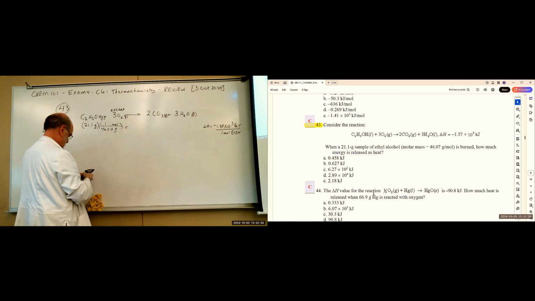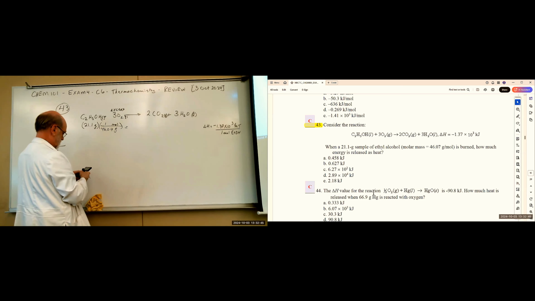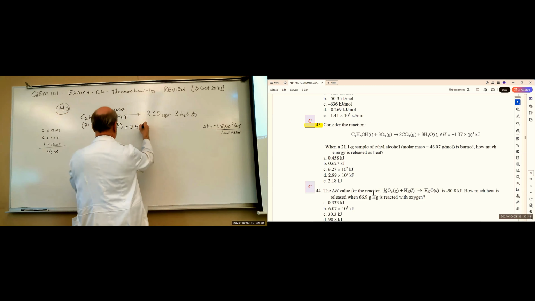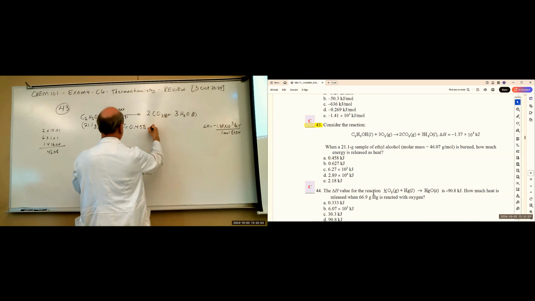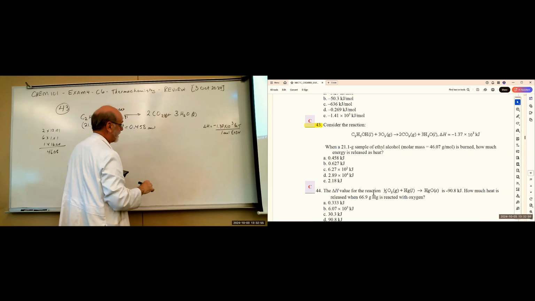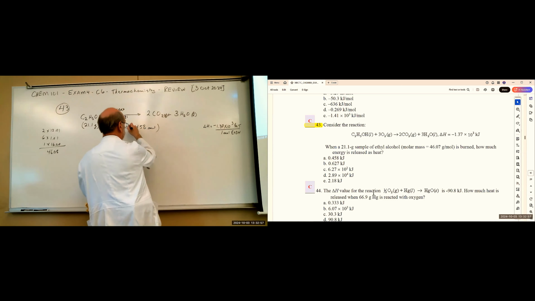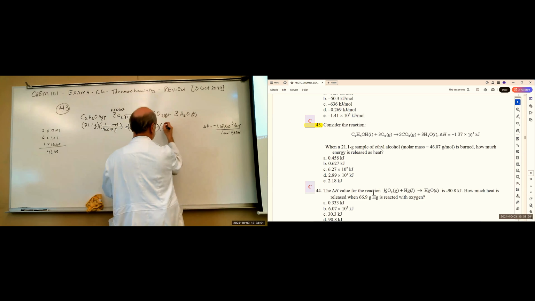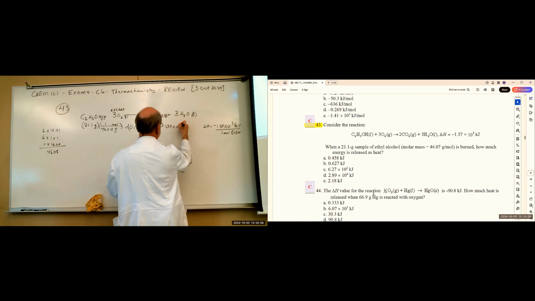All right. Let's see. Go, and then 21.1, and I get 0.458 mole. Okay, now we can multiply that times the delta H, minus 1.37 times 10 to the third joules per mole.